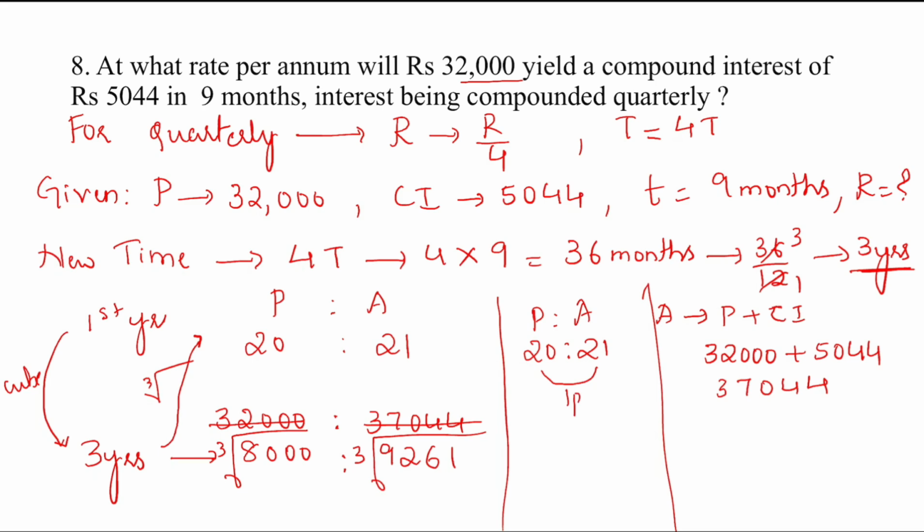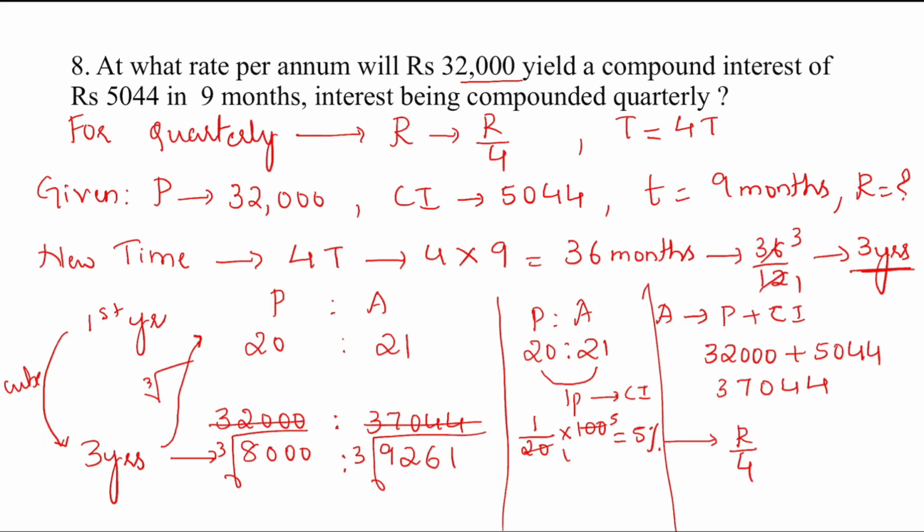Now, what is the difference between this? It is one part and this is nothing but our CI. CI is always calculated on principal. So one part out of 20 parts into 100. So it is 1 twentieth into 100, which is equal to 5%. But don't make a mistake, this 5% is the new rate of interest, that is R by 4.